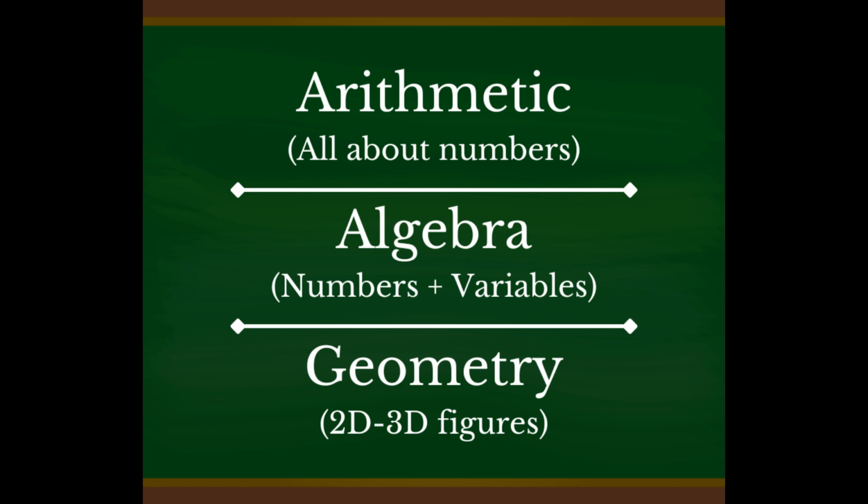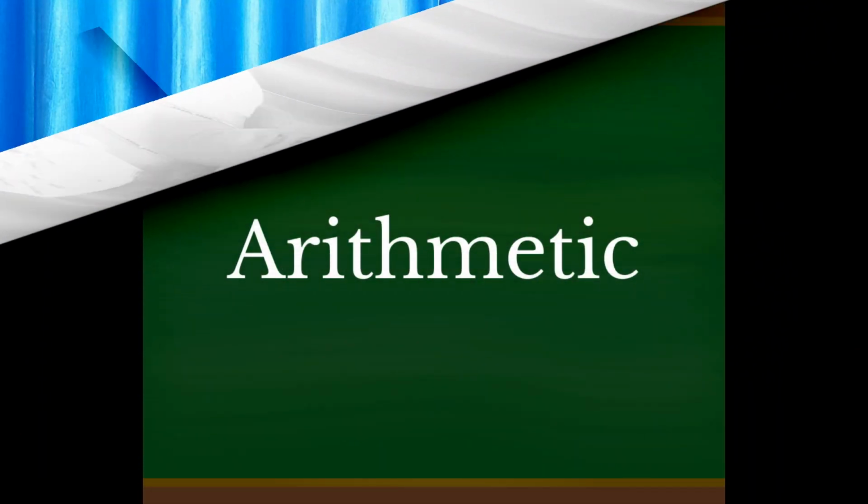The algebra part is all about variables, means along with the numbers we have variables. Geometry is all about lines, shapes, 2D, 3D figures, mensuration and everything comes in geometry. So here I will tell you what exactly you have to study. First of all, let's start with the arithmetic part.